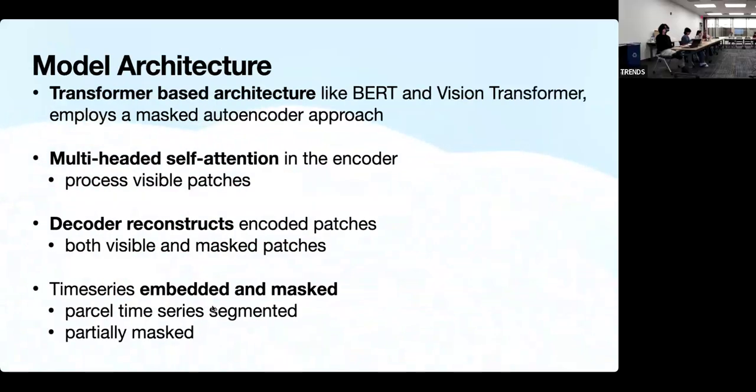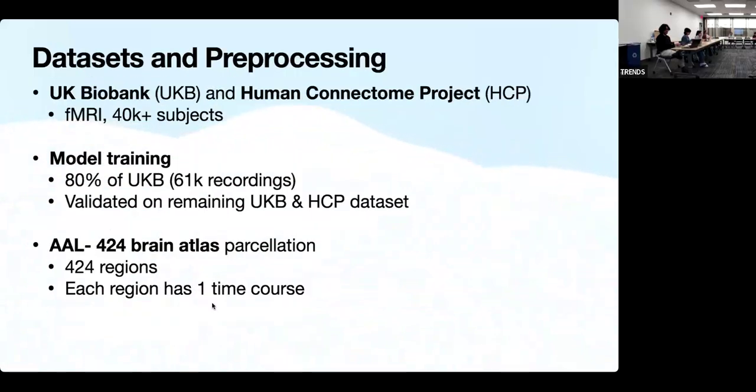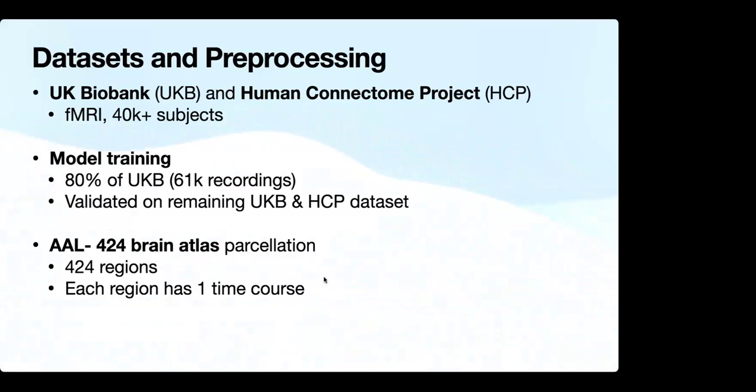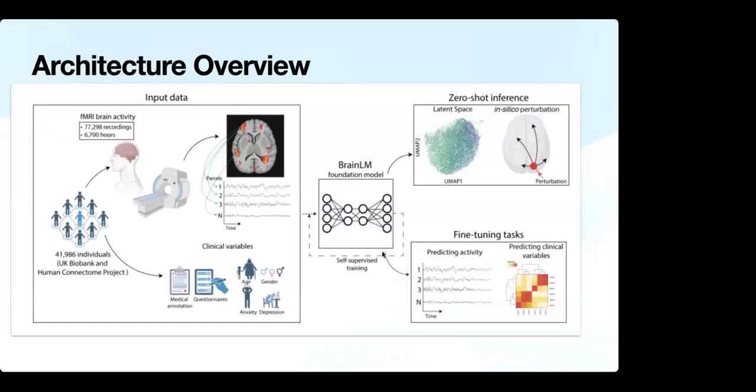Can I ask a question? Yes. What does it mean that each region has one time course? Yeah, so from what I can tell, their model divides each fMRI recording into these 424 brain regions. And based on their diagrams, it looks like each region has one time course.